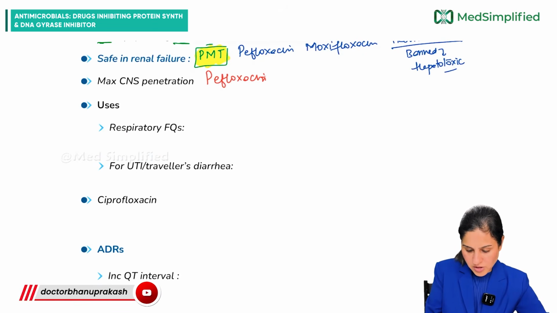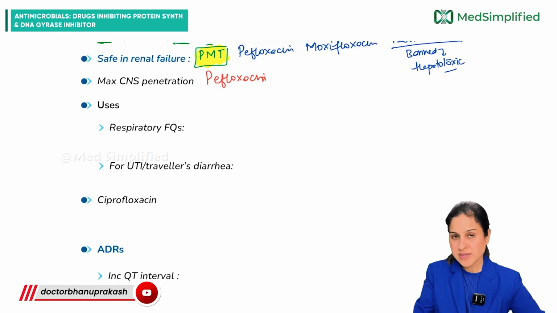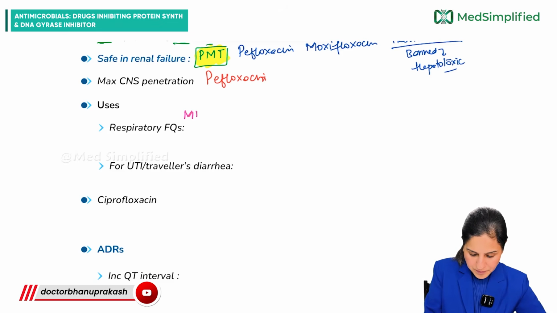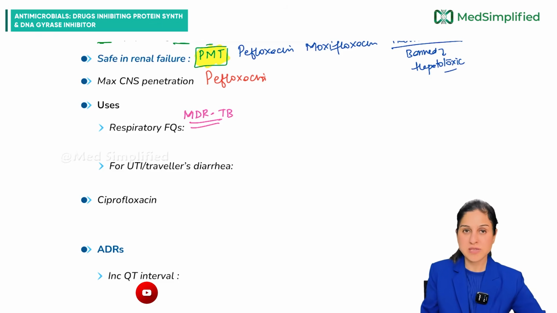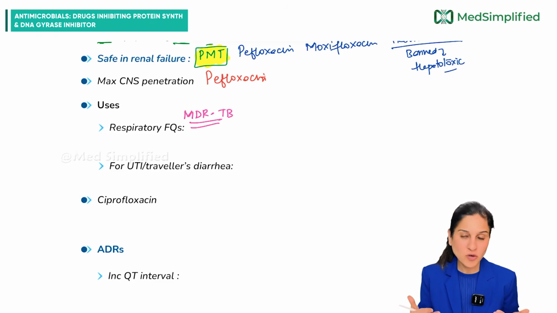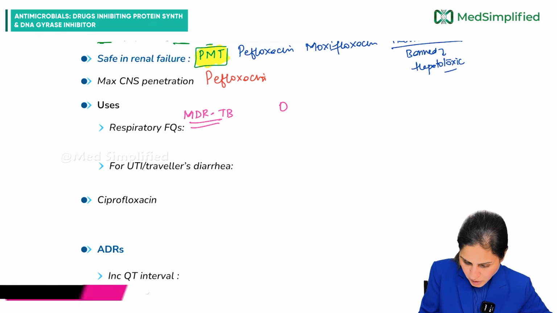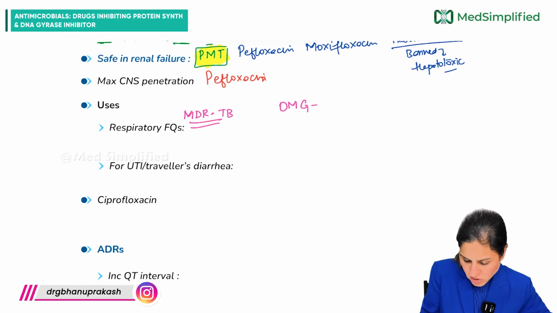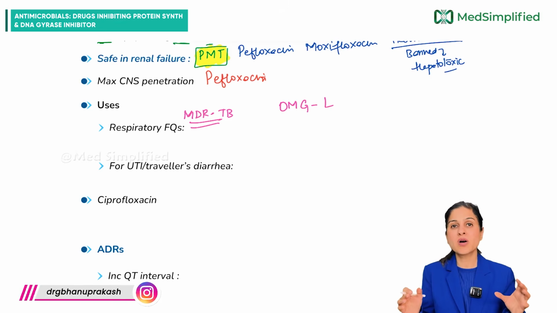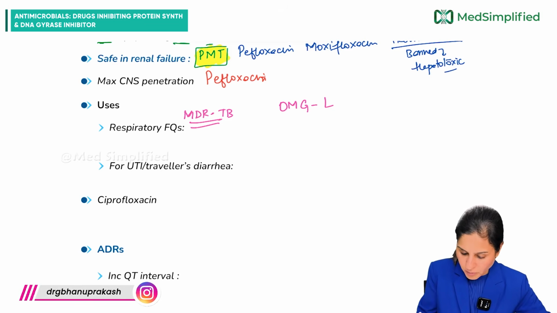Uses. First use, respiratory diseases. For example, in MDR tuberculosis, we use respiratory fluoroquinolones. So, which are these respiratory fluoroquinolones? Remember OMGL. Oh my God, Lord. Whatever you want to remember.